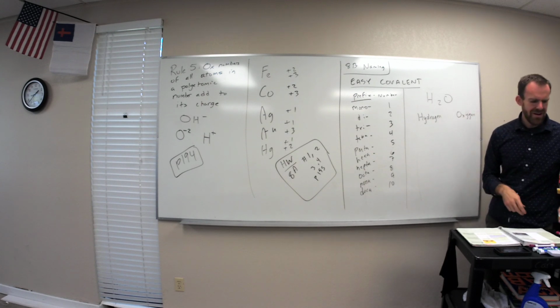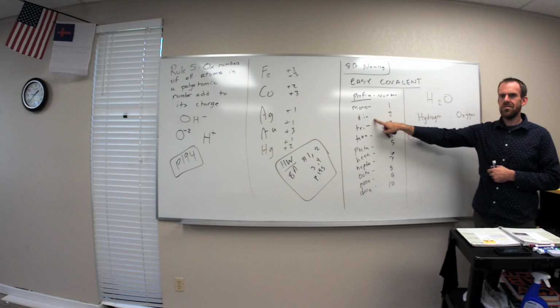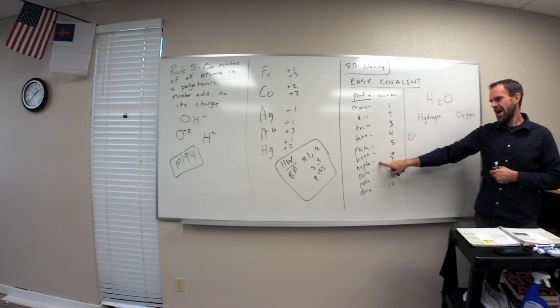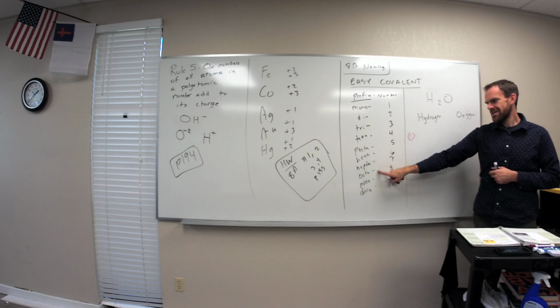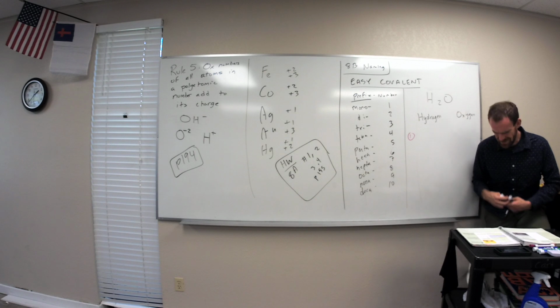So this is how we're going to name them. Step 1: mono, di, tri, tetra, penta, hexa, hepta, octa, nana, not your grandma, and deca. That would be nene in Greek.